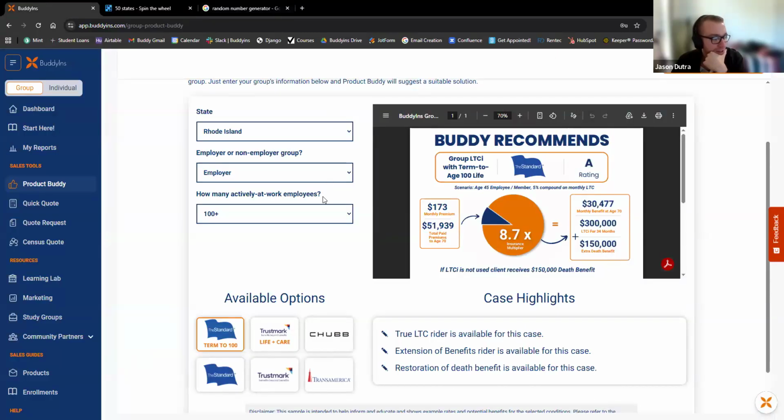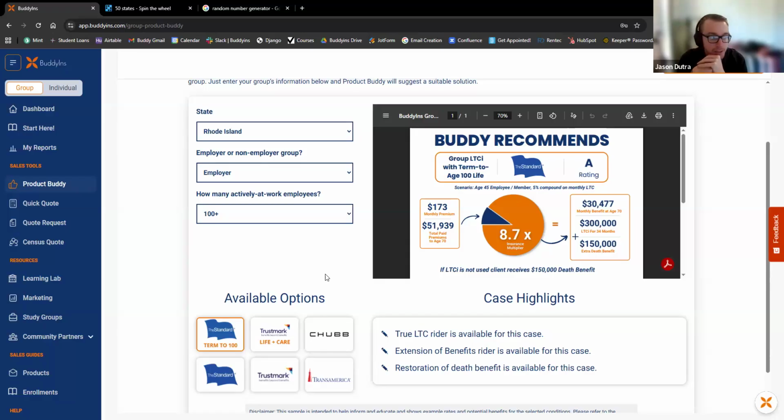So Rhode Island, pretty wide availability again, and group size has something to do with this, as it always does. We're seeing a little bit different order of the carriers this time. If you remember when we were in North Dakota, we saw Chubb at the bottom. Now they're more in the middle of the pack of the ranking.